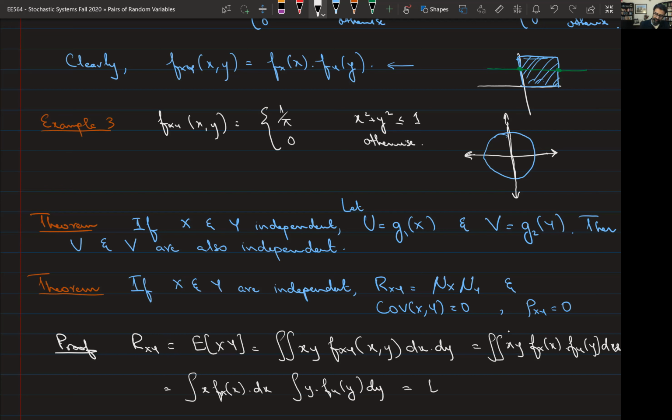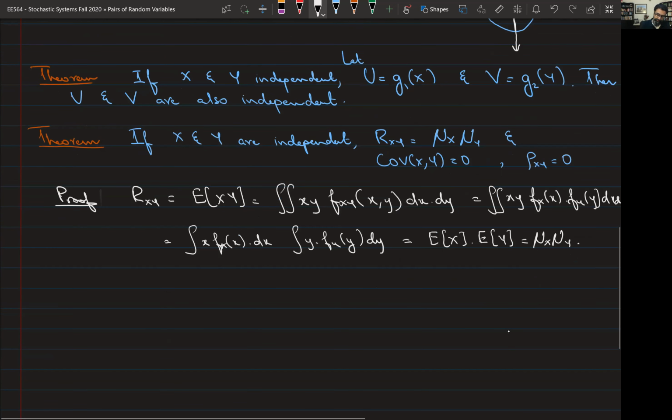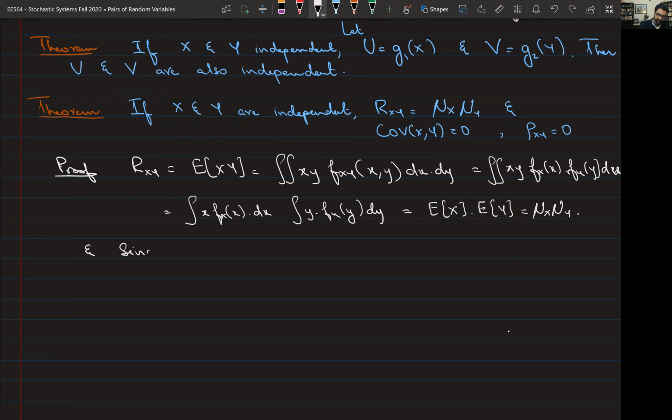And this is nothing but the expected value of x times the expected value of y, which is mu x mu y. And since cxy, the covariance between random variables x and y, is defined as the correlation minus the product of the means, and the correlation here is equal to the product of the means, therefore this must be 0, and this completes the proof. And this implies that rho xy equals 0.